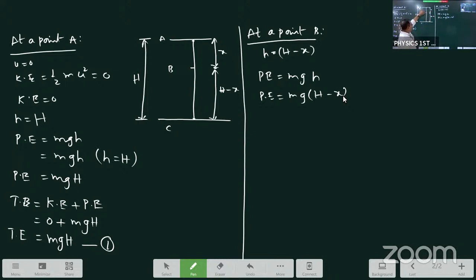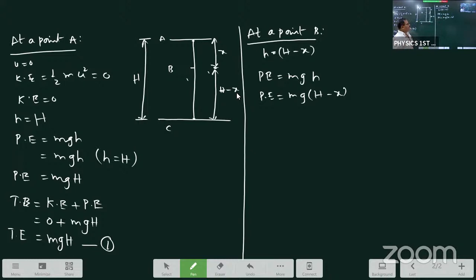That is H minus x. How did it come? Total height is capital H, and the displacement is x, so the difference is H minus x. Is it okay now? So the potential energy is mg(H minus x).